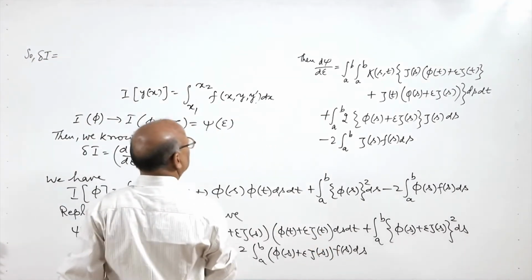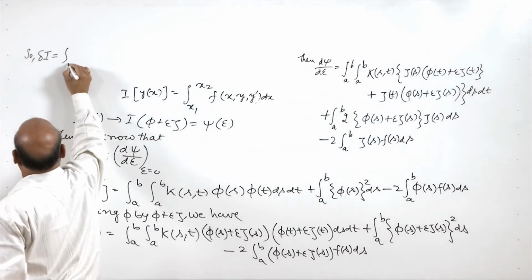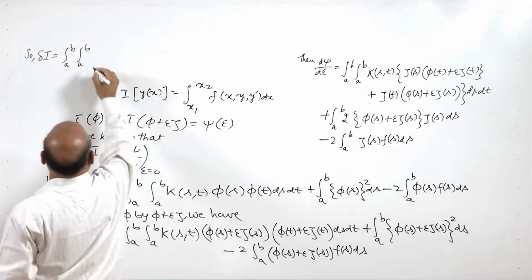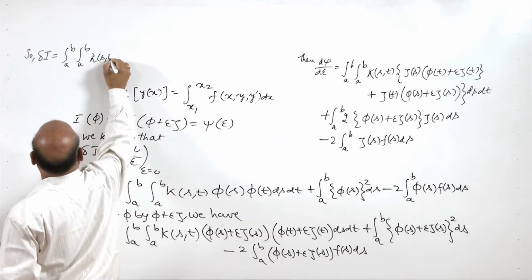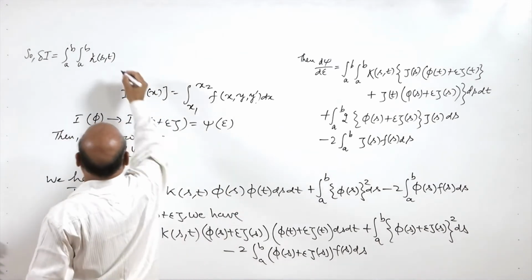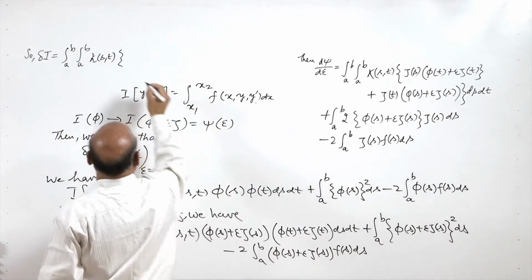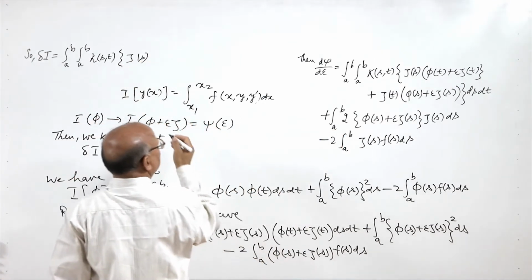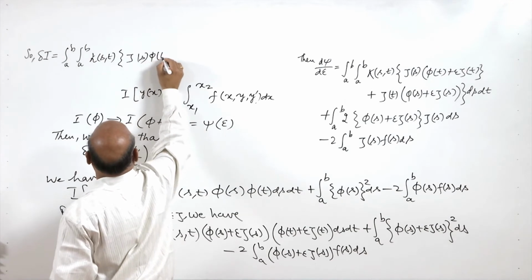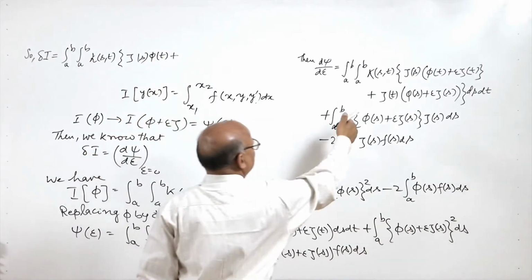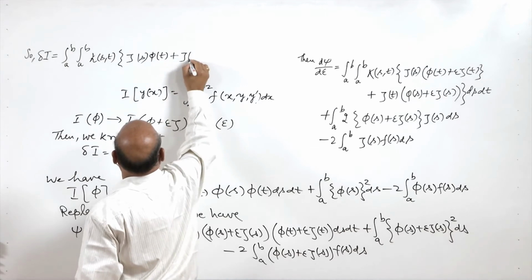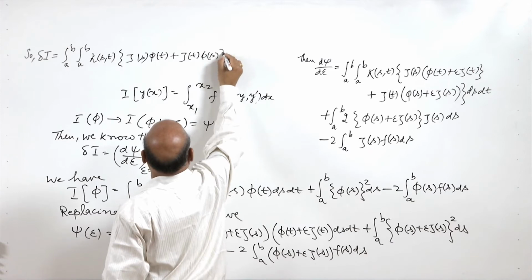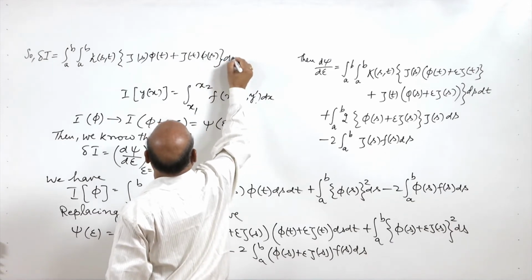What we get is the integral over a to b of K(s,t) times zeta(s) into phi(t), plus in the second term zeta(t) into phi(s), ds dt.